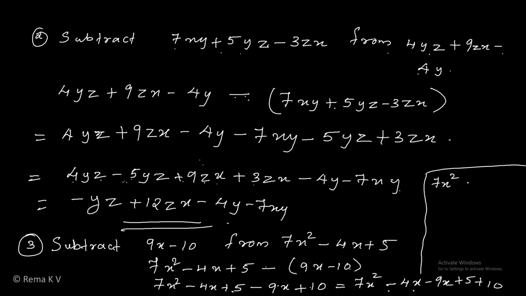It is minus 13x. Then 5 plus 10. What about the last two terms? 5 plus 10 is 15. So it is plus 15. So this is the answer.